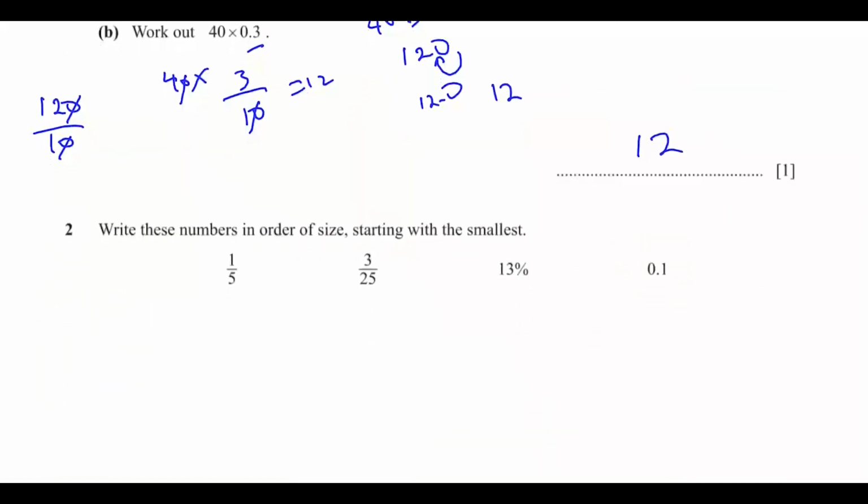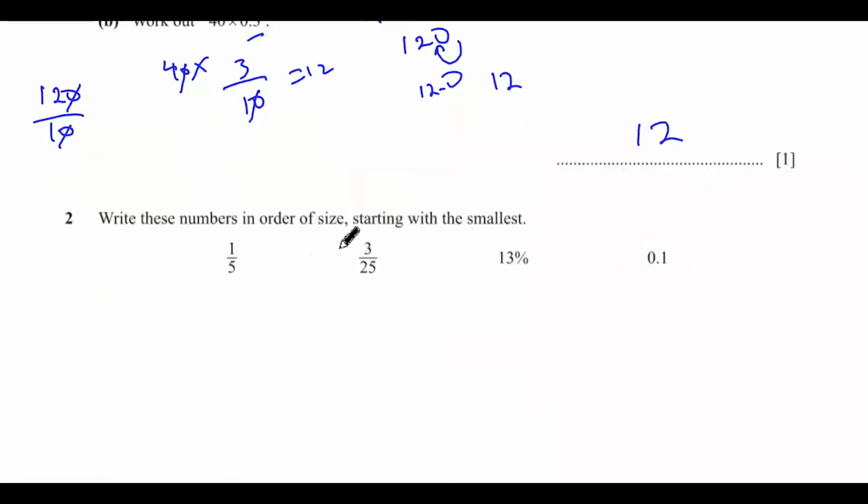Question 2, write the numbers in order of size, starting with the smallest. Before you could arrange any number, they must be in the same units. Since we have percentage here, we can write 1/5, 3/25, and 0.1 as percentages.